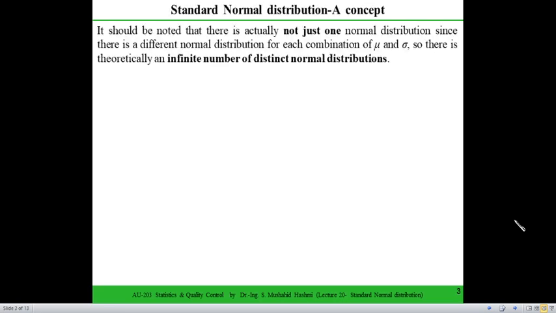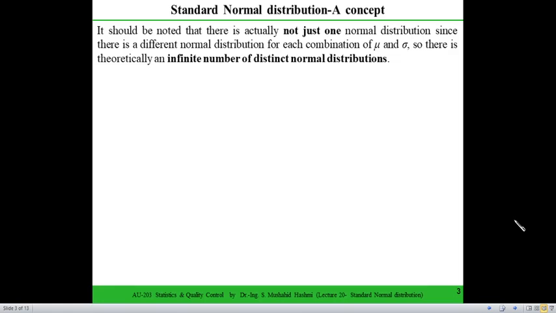As we have learned, in normal distribution there are two parameters involved, mean and standard deviation. If we have to draw the shape of the distribution for every value of mean and standard deviation, there will be a particular curve, and the area under the curve represents the corresponding probability.